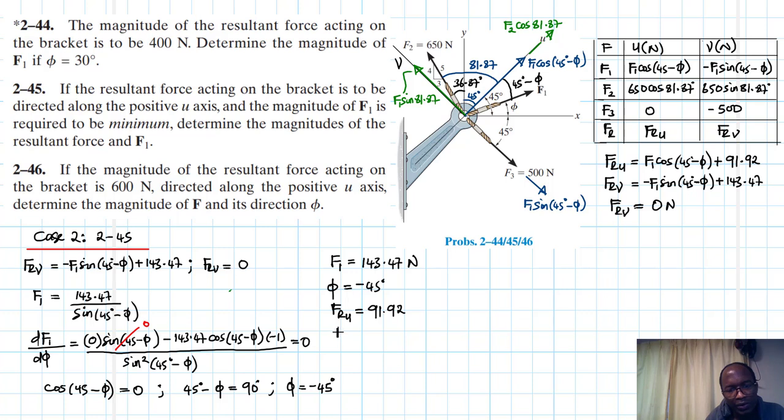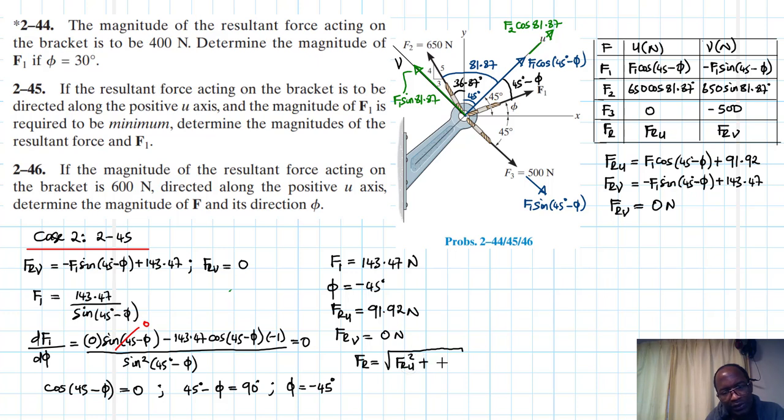91.92. And we know that FRV is just equal to 0 newtons. Okay, and using the Pythagoras theorem, we know that the resultant, we already know it is 91, but this is how we work it out, right?